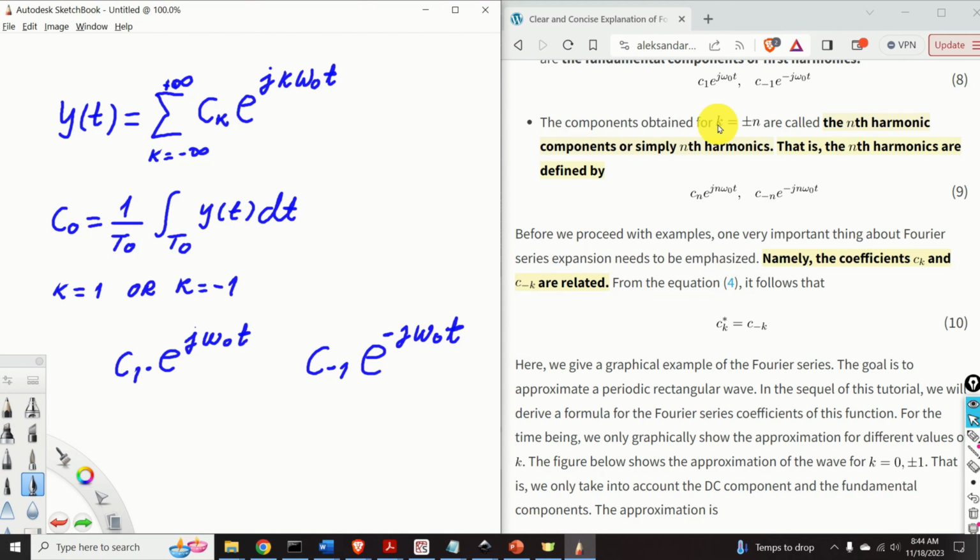Then the components obtained for k equal to plus or minus n are called the nth harmonic components or simply the nth harmonics.